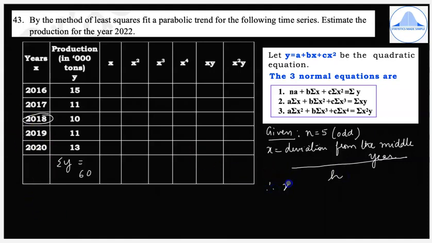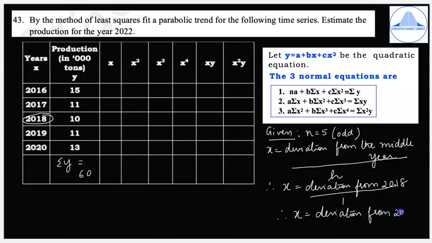So we get x is equal to the deviation from the middle year from the table, 2018, divided by h, the difference between the years, which is 1. So therefore x is equal to the deviation from 2018. So in the table, let's find x, x square, x cube, x to the power 4, xy and x square y.